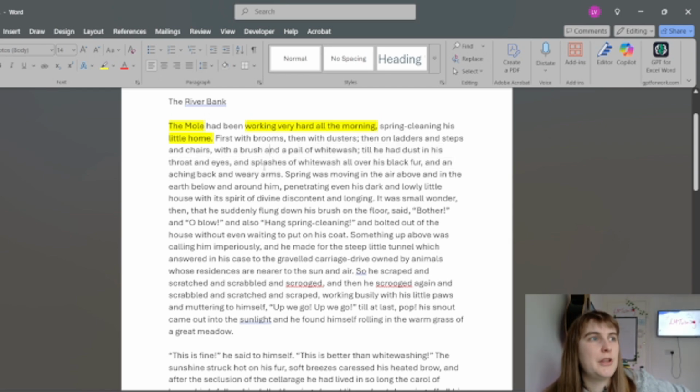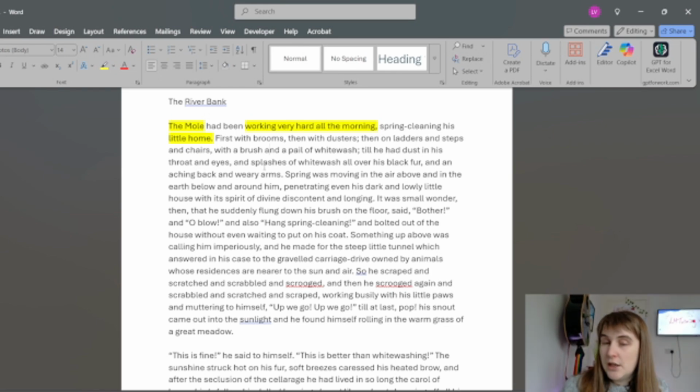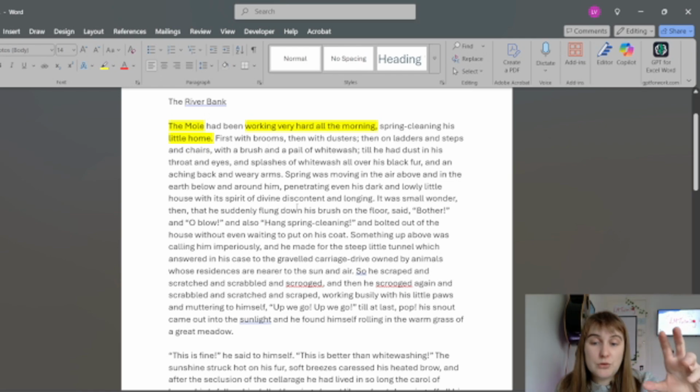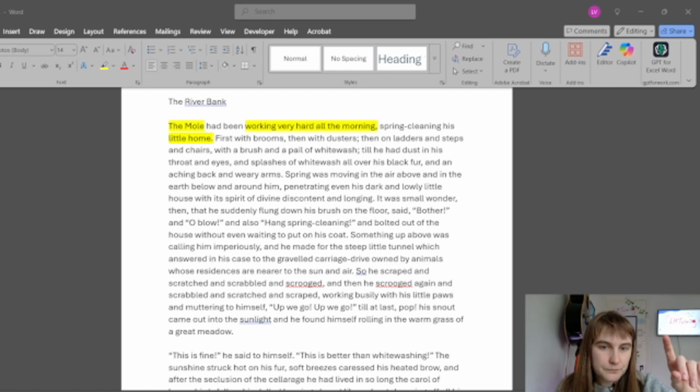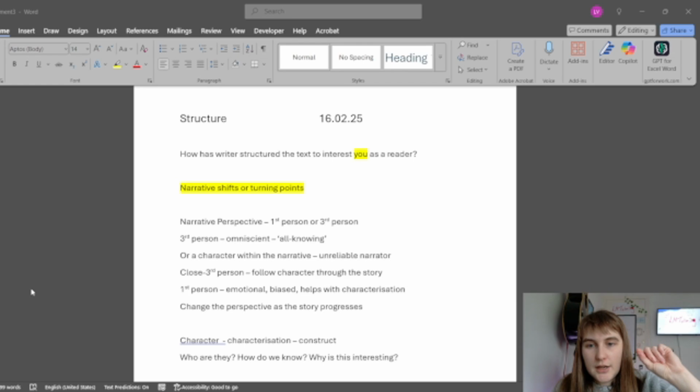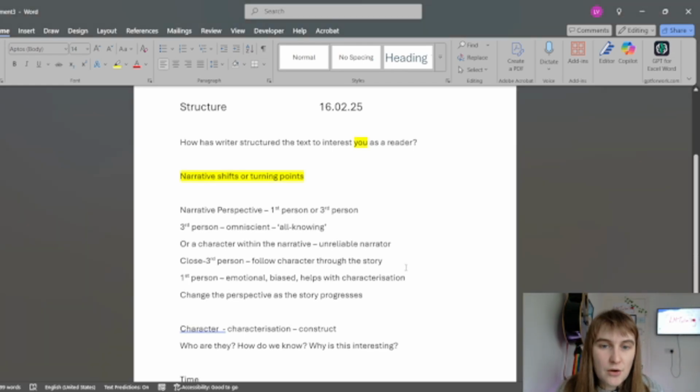Yes, if we were talking about the creation of character here, we might say that the writer describes the mole cleaning his home. He lists, now bear in mind the structure we can also talk about, and it might be worth listing this here actually. He lists implements and activities he's doing to clean his home.